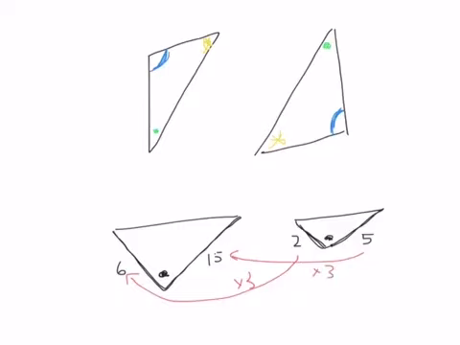So those sides are in proportion. So we've got two sides in the same ratio, and we've got an included angle because it's included between those two sides, and an included angle is the same. So these triangles are also similar because they've got two sides in the same ratio and an included angle is equal.